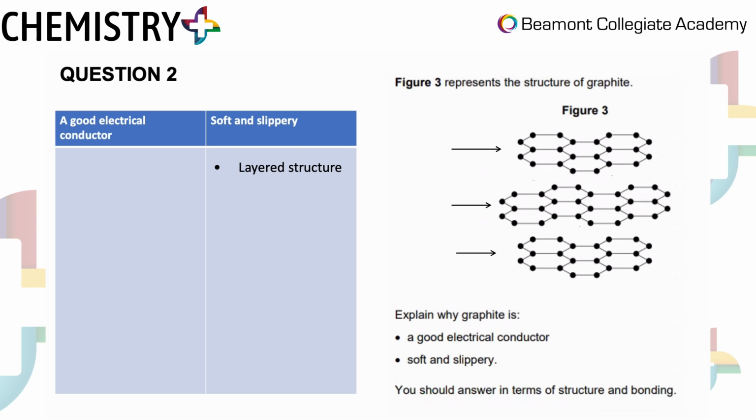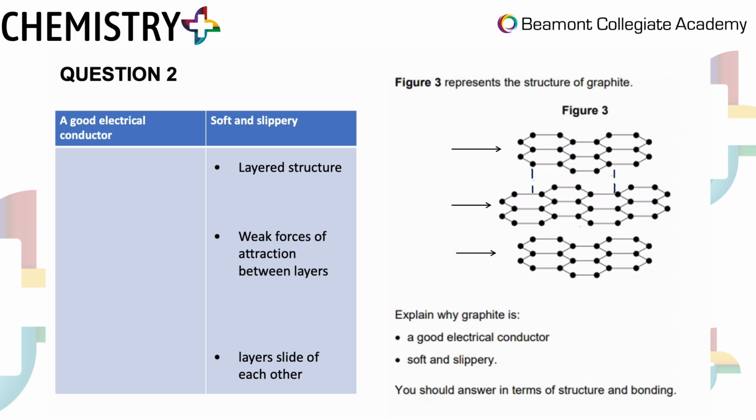However, what the diagram doesn't show me is that there are forces of attraction between the layers. I know those forces are weak, so I'm going to write that down. Because there are weak forces of attraction between the layers, the layers can slide over each other.